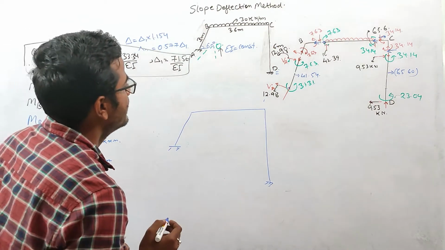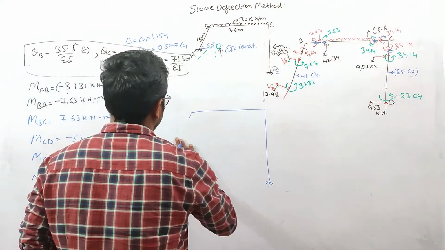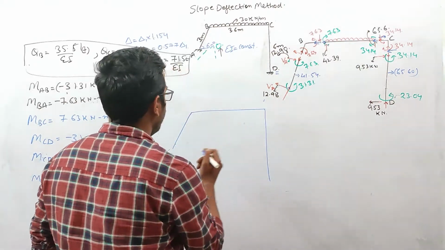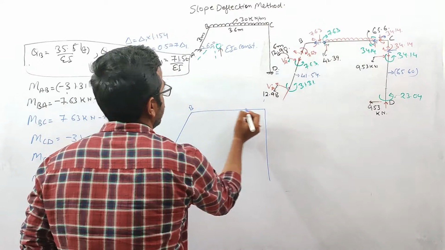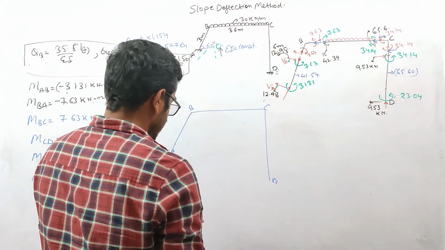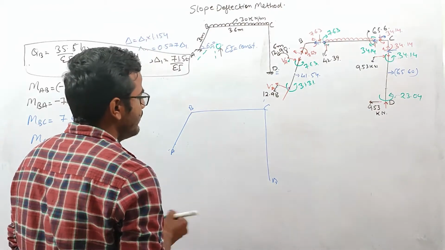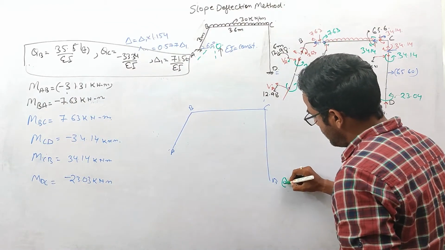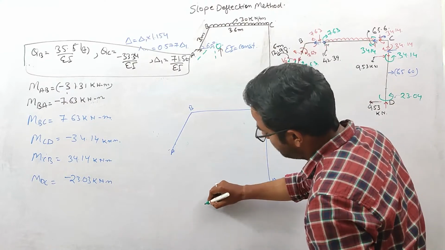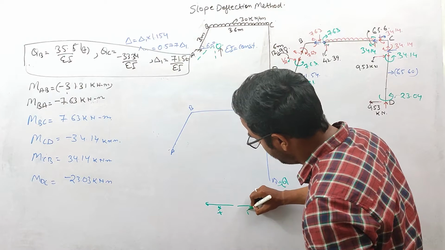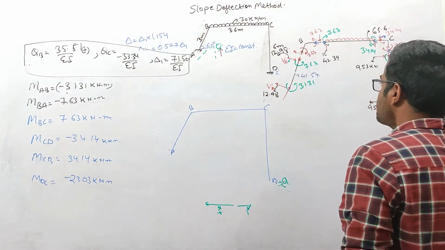First consider this AB portion, right? This is A, B, C and D. At AB, we are looking from this side. This is our positive axis, this is positive, right? This is negative.